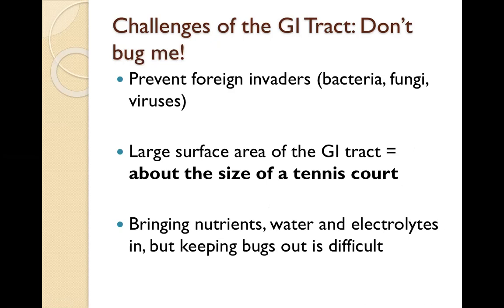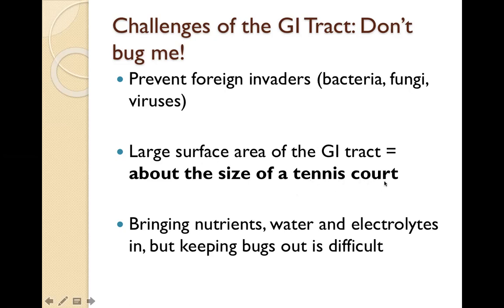Because we're open to the external environment, we're taking in things for a nutritional purpose, but we also have to make sure that we prevent foreign invaders from entering. So bacteria, fungus, viruses, well, some of them will be killed off in the stomach by the very low pH. Not all of them will. And the other problem is that if we unfold every aspect of the GI tract, the entire surface area is about the size of a tennis court.